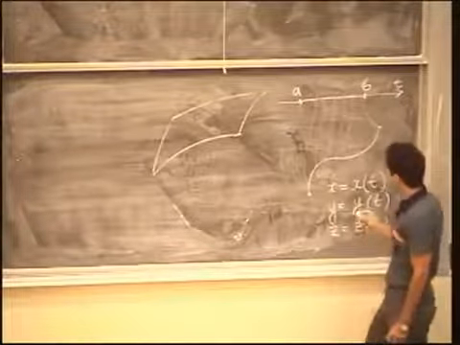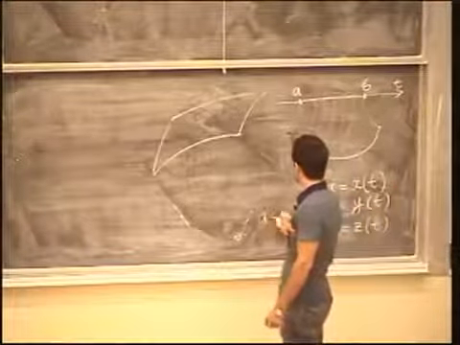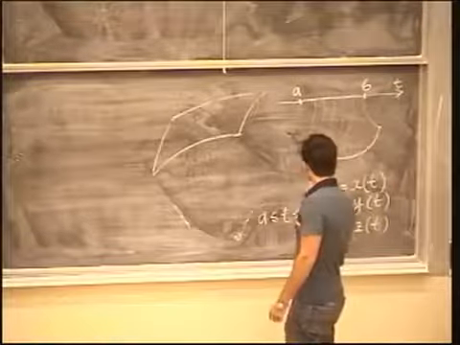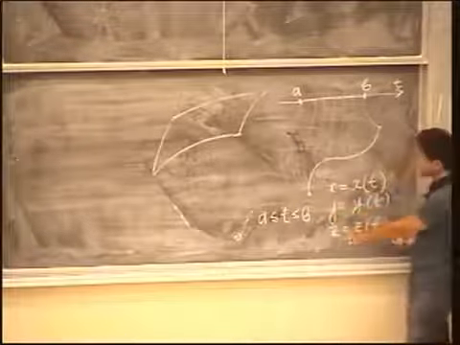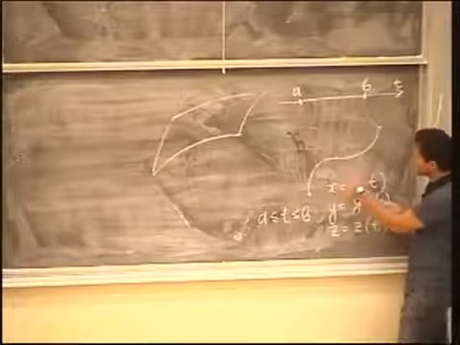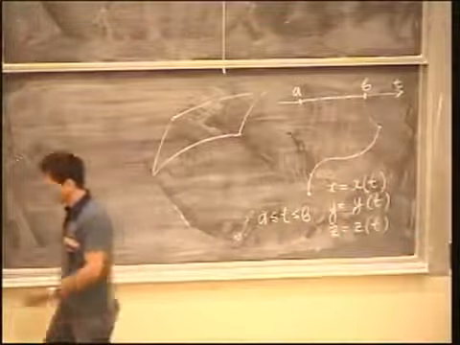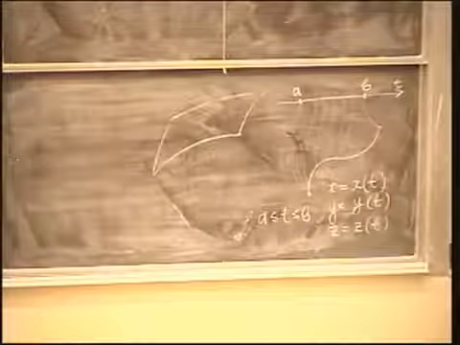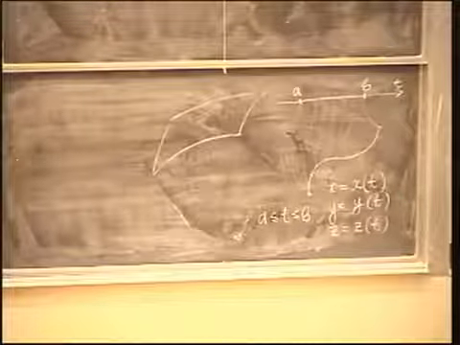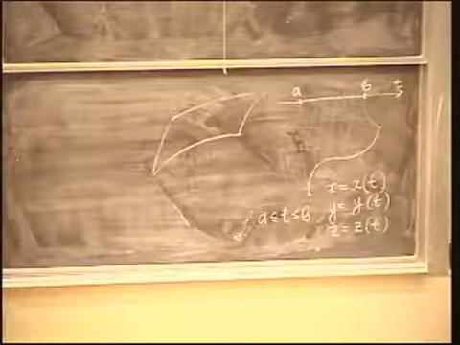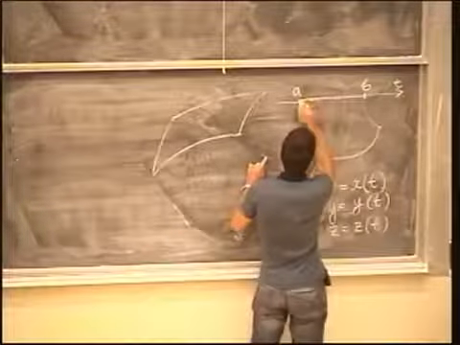And then we'll say t is between a and b. So when we write these formulas, what we're doing is identifying points on this straight line interval, which is very simple, with this complicated curve.